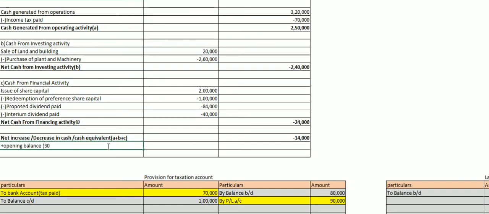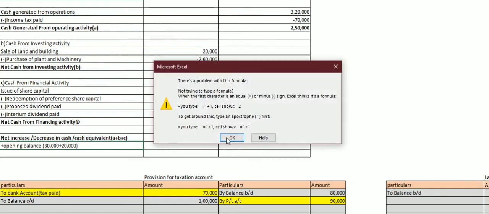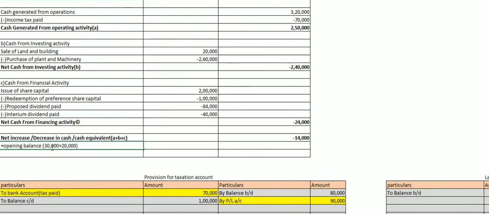When you add, you will take the total of it, which is 30,000 plus 20,000, so you will get it to be 50,000.